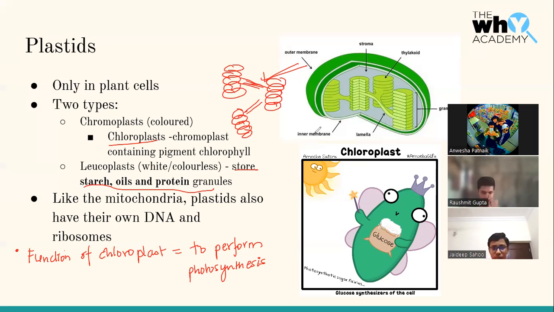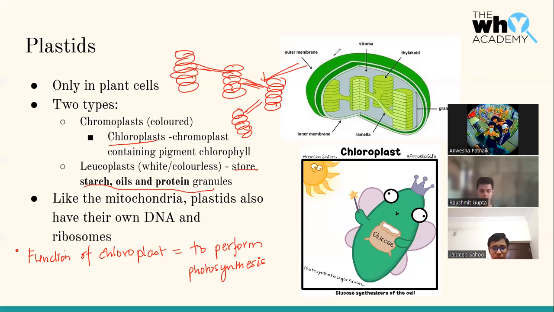Specific labelings are not asked yet. You're not that focused on what is granules, what is lamella, etc. Not asked. Just know that it looks like this, with coins or stacks of round structures connected together. That is sufficient.